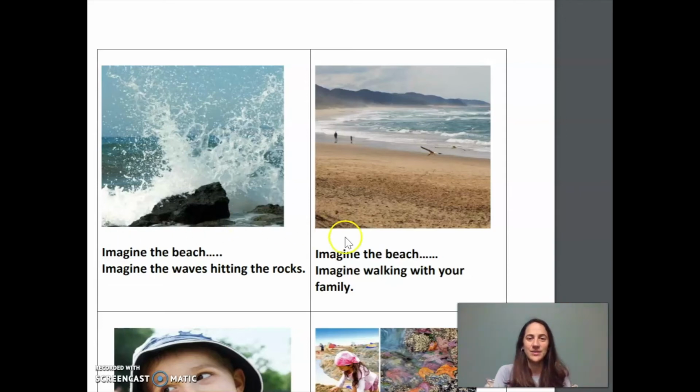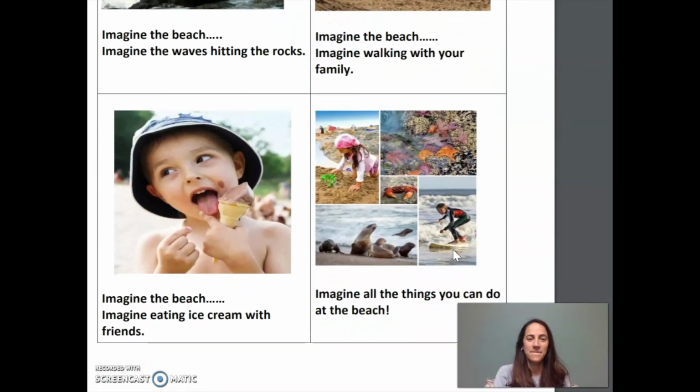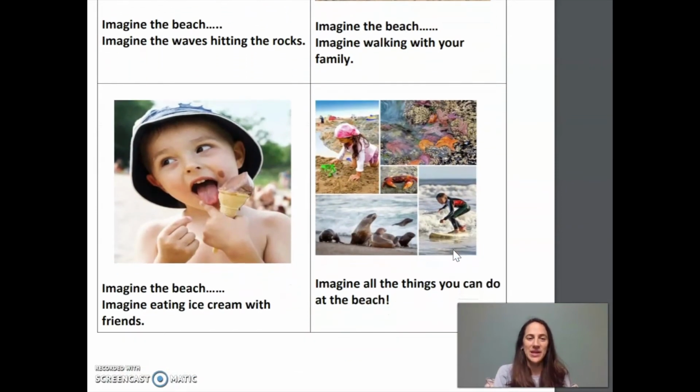Wow. Imagine the beach. Imagine walking with your family. Imagine the beach. Imagine eating ice cream with friends.